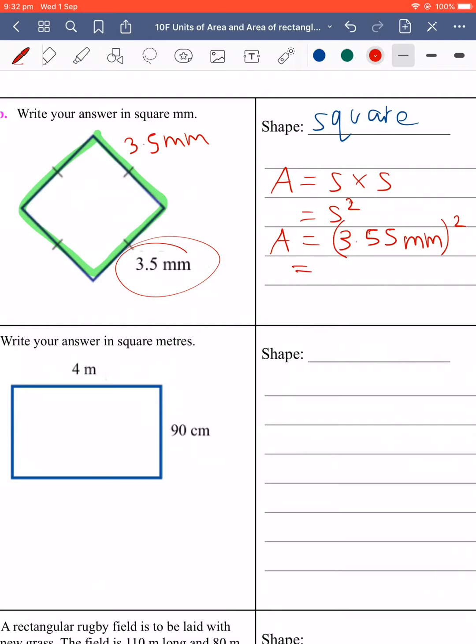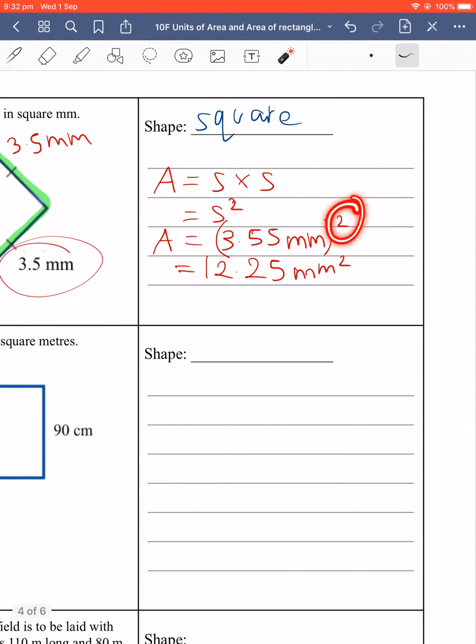And once I put that into the calculator, I end up with 12.25 millimeters squared.